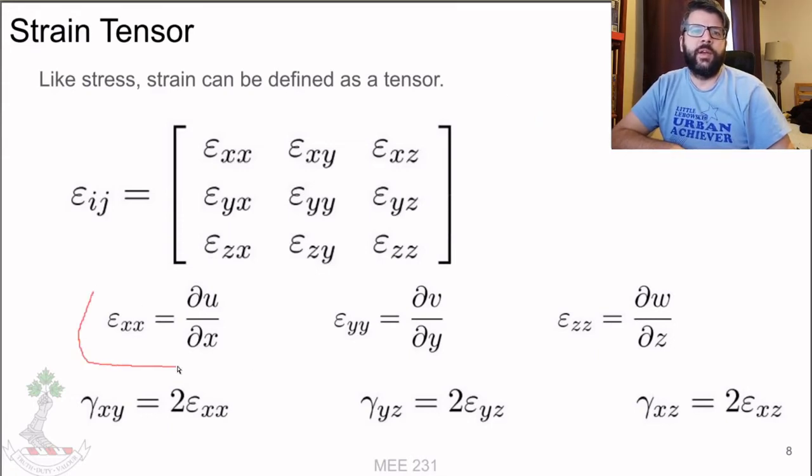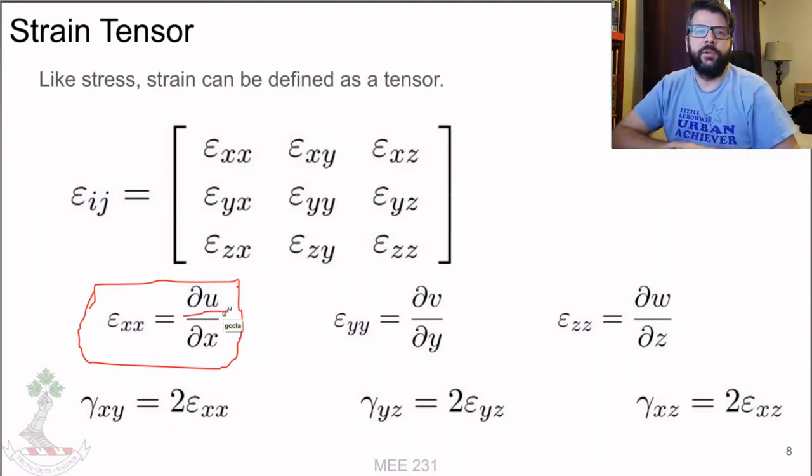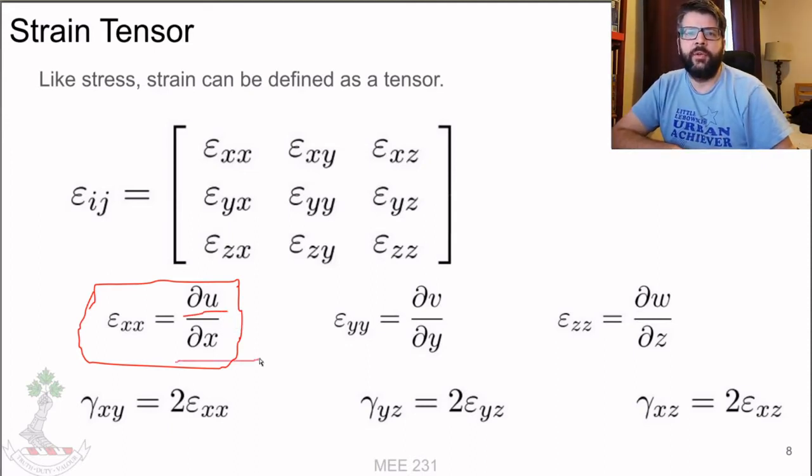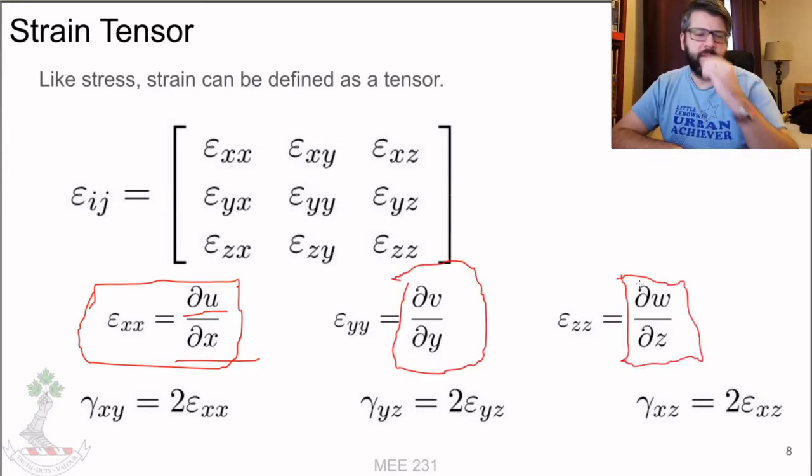The strain in the x direction is just going to be the change in the x value of the distance per unit x. Same deal here for y, same deal here for z.